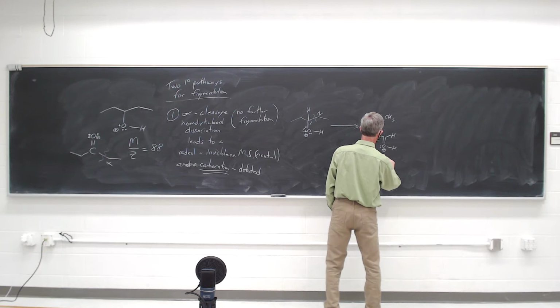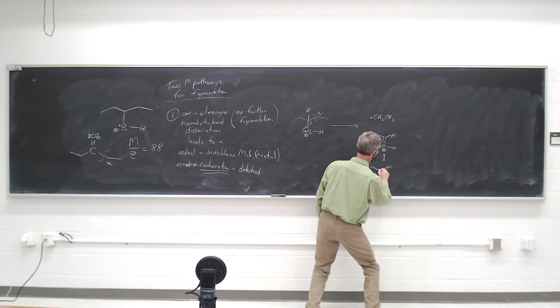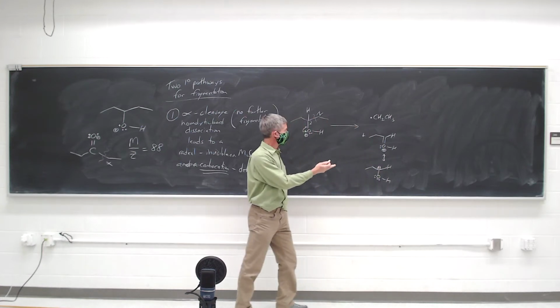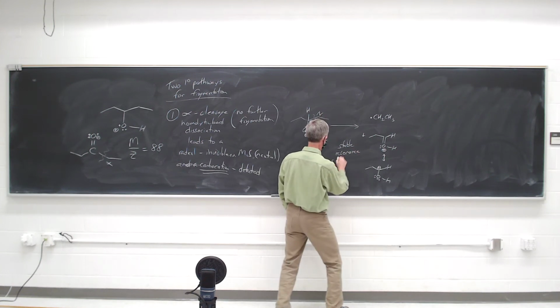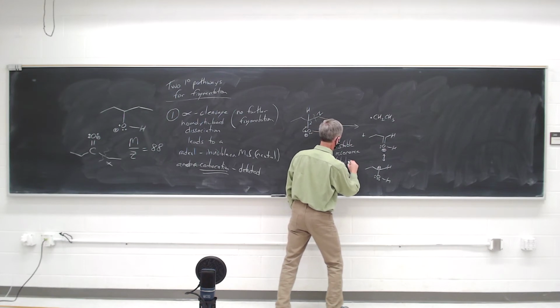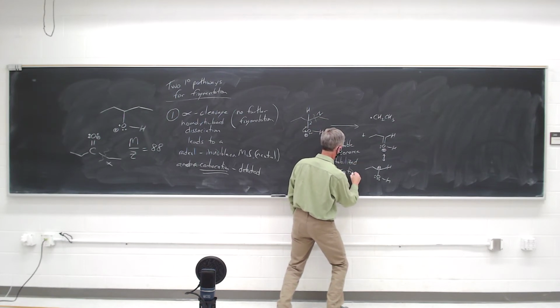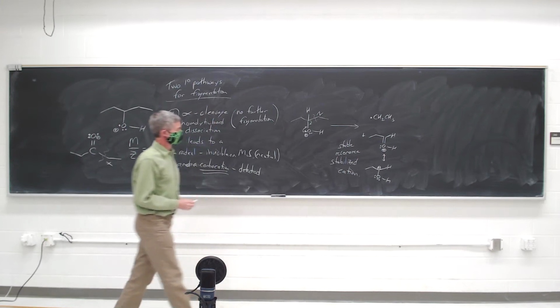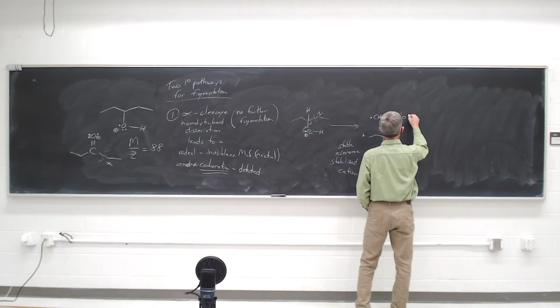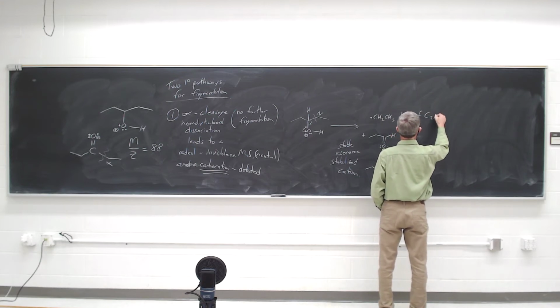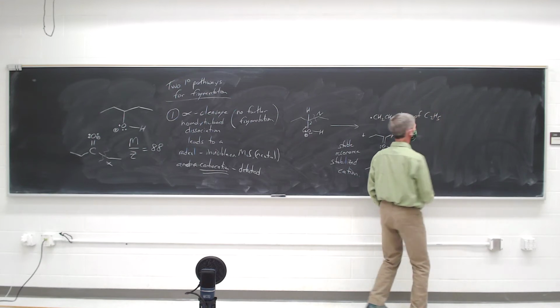This is a resonance stabilized cation. So that's going to be a pretty stable cation. That's the peak we're going to detect. This is a loss of C2H5 radical.